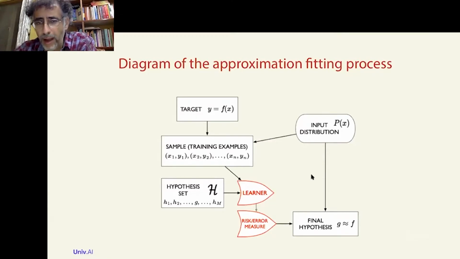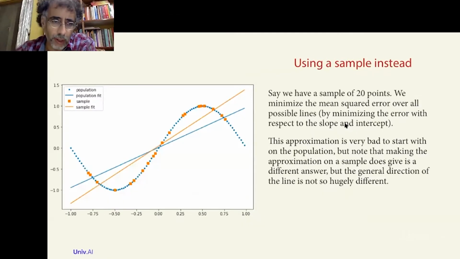Then you have some input distribution P of x, which is basically saying how the x are distributed. In the sine curve, the blue x's are distributed very uniformly across the entire -1 to 1 range, whereas the orange ones are distributed somewhat differently, as you might expect, because it's a sample.